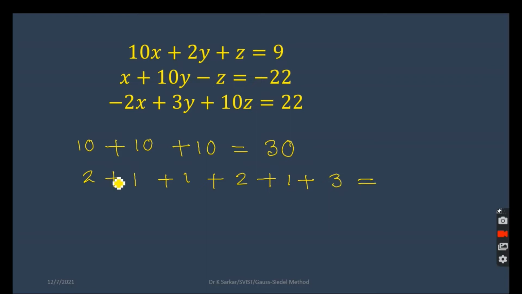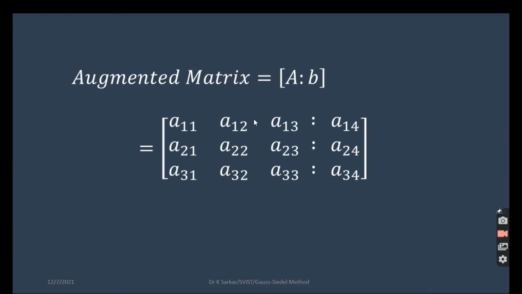So how much is it? 3, 6, 4, 10. So 30 is greater than 10. Therefore, the given system of equations is strictly diagonally dominant. Therefore, the Gauss-Seidel method is well suited for this given system of equations.